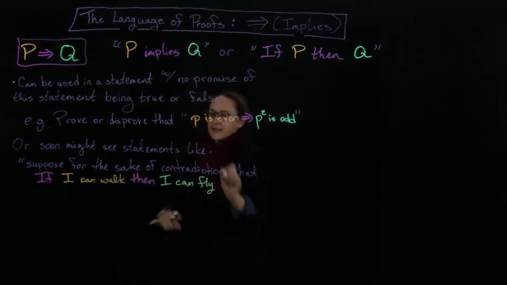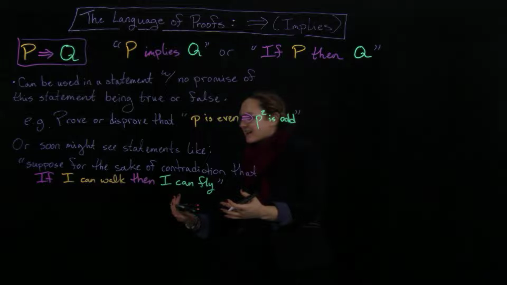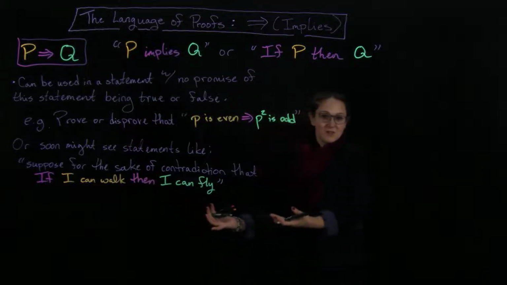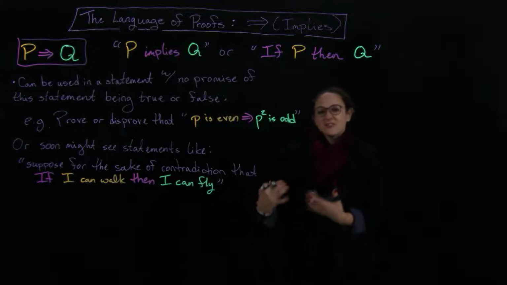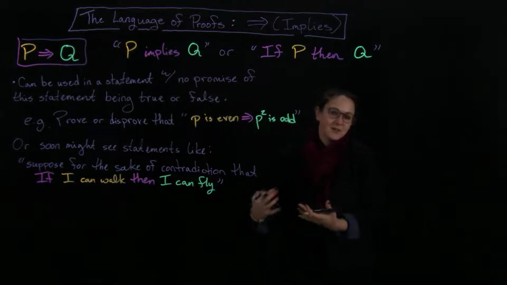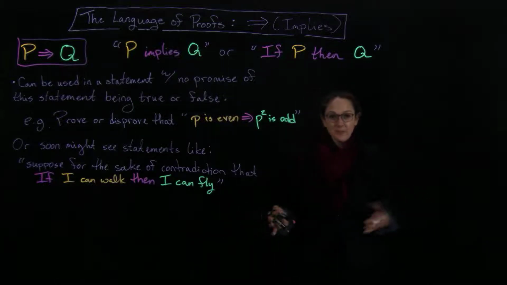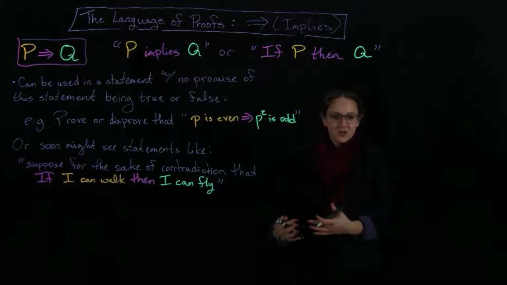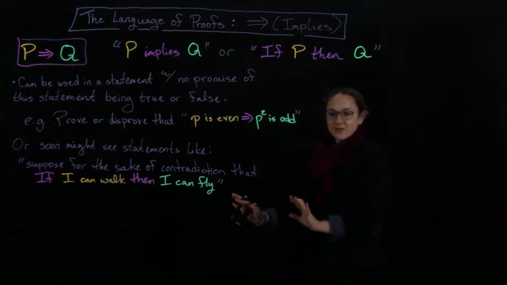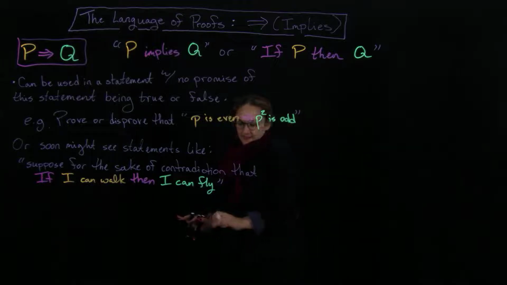This is not a true statement, but this is one of those circumstances where you're stating it as a hypothetical: if this were true, then all these other things would be true. You need to be able to make statements that are false like that in order to structure your logical arguments. So it's okay to look at statements like that.